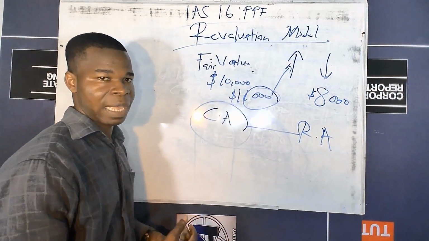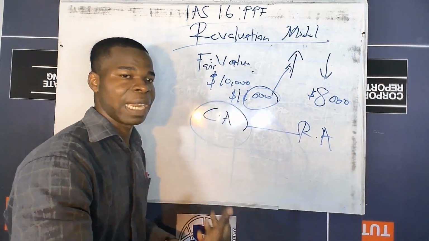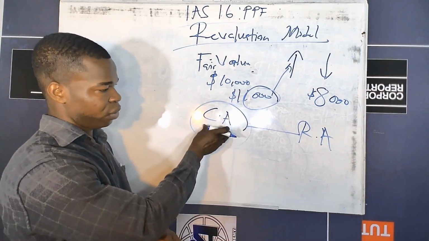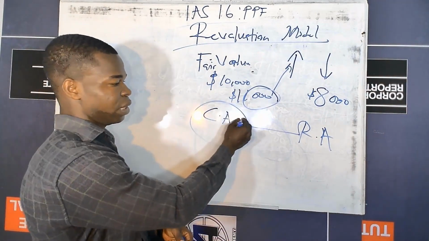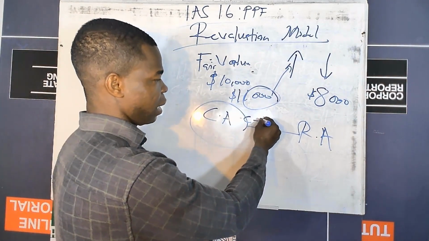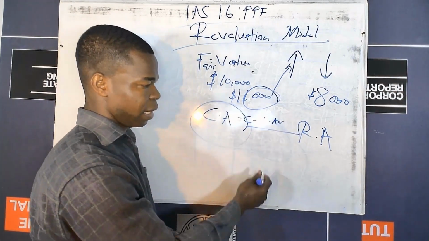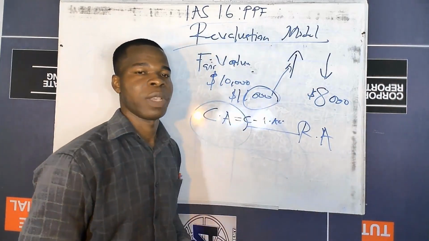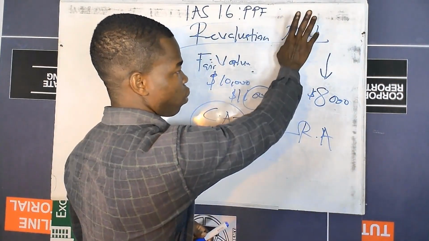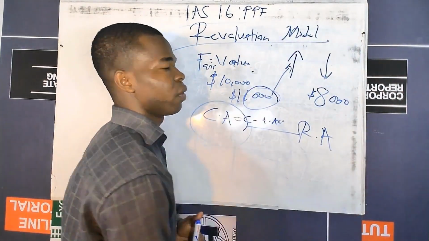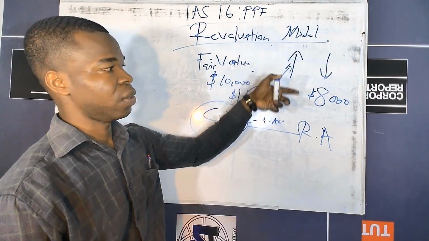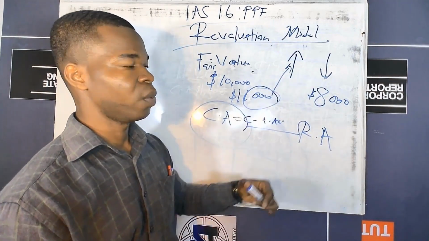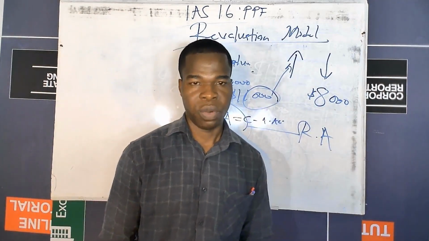Sometimes they can acquire the asset and use it for 5 years, and at the end of the 5th year they revalue the asset. So remember that you have to first look for the carried amount, which is the cost less any accumulated depreciation, less any accumulated impairment. Then you compare that carried amount with the revalued amount before you can say whether there's an upward or a downward revaluation. So when there's an upward, it leads to revaluation gain, and when there's a downward, it leads to revaluation loss.